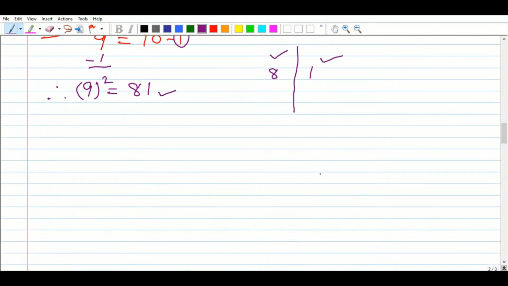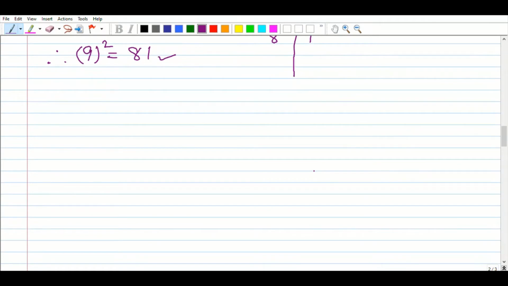Then next, we can find the square of 17. It's clear. Sir, the nearest power of 10 as the base for 17 is 10.